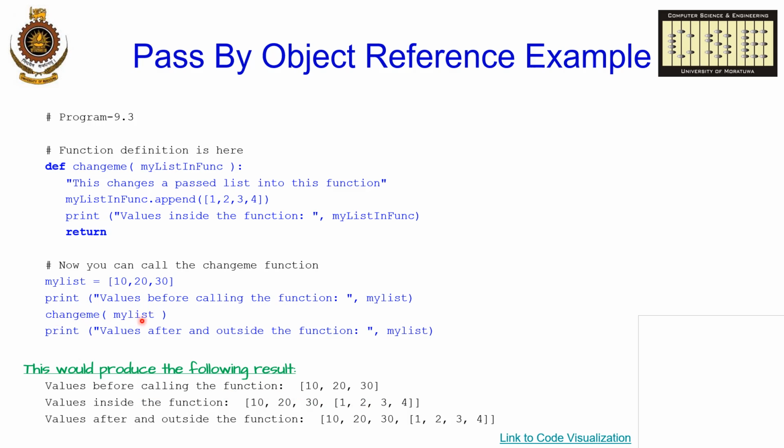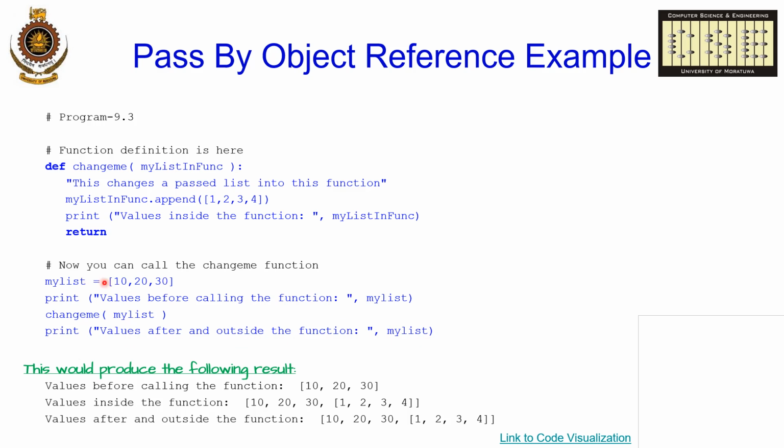Then we call the function change me. We pass this myList, right? Within that, as we see it gets appended and then it gets printed. Values inside the function we have 10, 20, 30 as before, and then we have this appended part 1, 2, 3, 4, right? We see it here. Then it returns, and then we have another print statement, values after and outside the function.